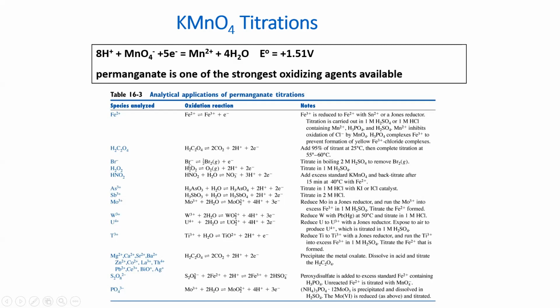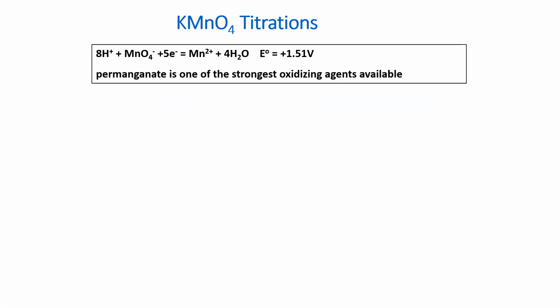It can be used to oxidize bromine, peroxide, nitrous acid, and many metals, as you can see. But the ones we're going to focus on are the oxidation of iron to iron 2 or to iron 3, and the oxalates to carbon dioxide, from oxalic acid.